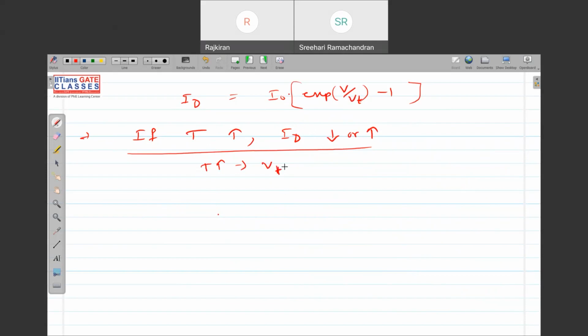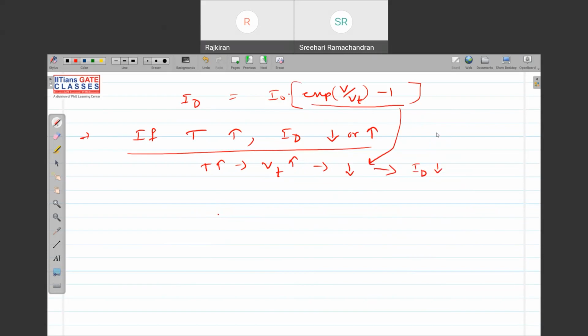It will increase, sir, kT by q. Yeah, it will increase. And what will happen to this exponential term? It will decrease. And what will happen to ID? It should decrease. Okay, so is this right?